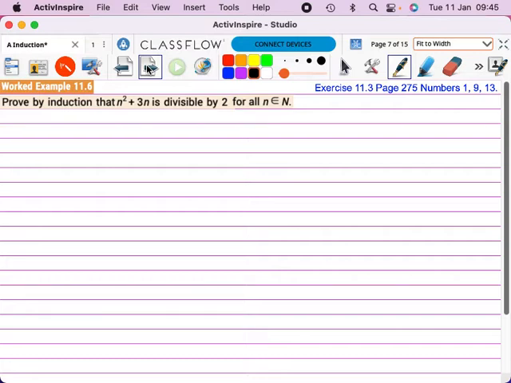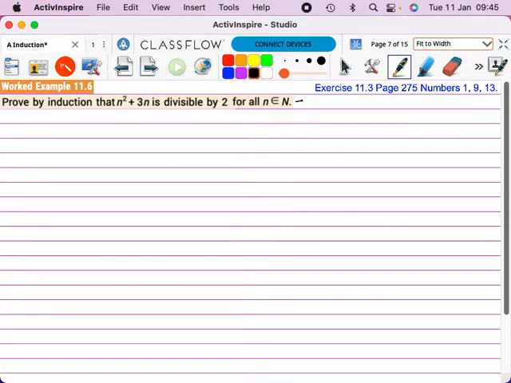Now, quickly moving on, there is one more type that is on your course for divisibility. So we've seen a single power, we've seen a double power situation, and now we're just seeing a polynomial type where we've got to prove that this is divisible by 2.